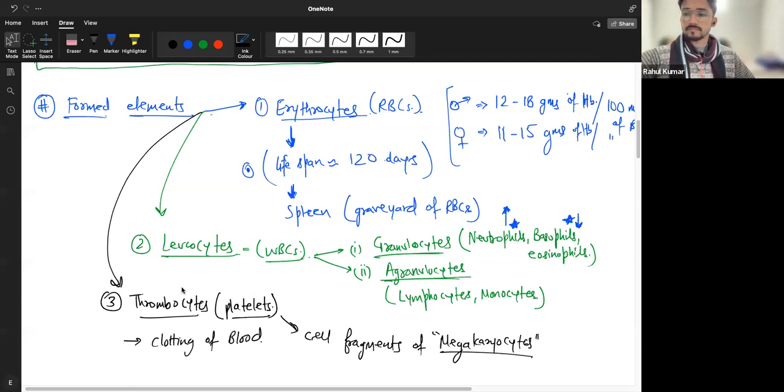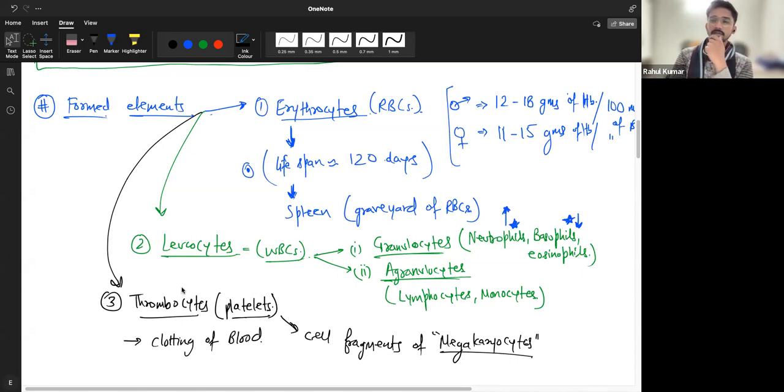It is because it enables them to contain more oxygen carrying hemoglobin. That's the correct answer. But do you understand the logic? If you have a nucleus, why can't it contain more hemoglobin, because hemoglobin is anyway on the surface, correct? It's not inside, and oxygen binds on the surface of the RBC.